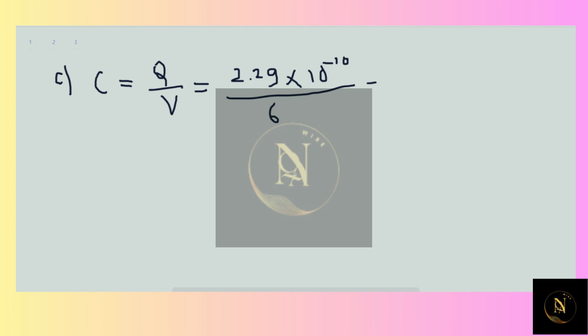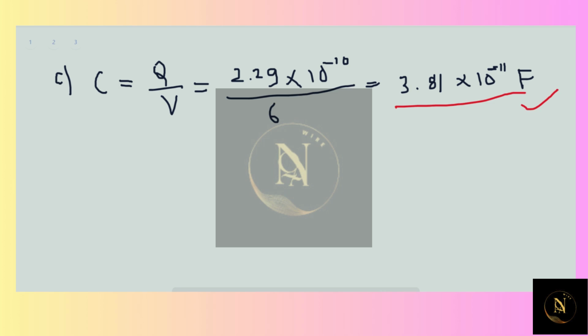And if you calculate this value, it comes out to be 3.81 times 10 raised to negative 11 farad. So this is the capacitance of this cylindrical capacitor.